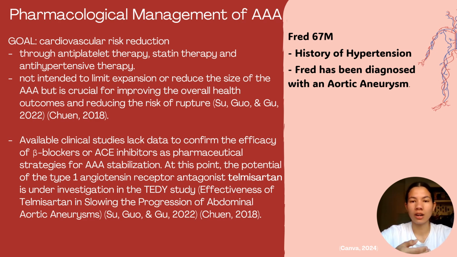Now, due to our friend here, Fred, having hypertension, I've chosen antihypertensives. So the overall conclusion with this is that the available clinical studies do not confirm the effectiveness of beta blockers or ACE inhibitors as strategies. And at this point, we are just looking at the potential for type 1 angiotensin receptor antagonists, telmisartan, for reducing these risks.